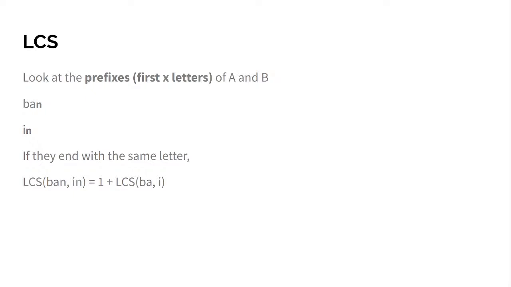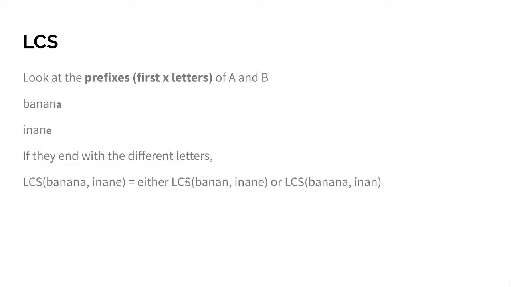So we look at the prefixes of A and B, and if they end with the same letter, then it is basically 1 plus the LCS of the prefixes without that letter. Similarly, if they end with different letters, you remove 1 letter from each string, and then evaluate separately.